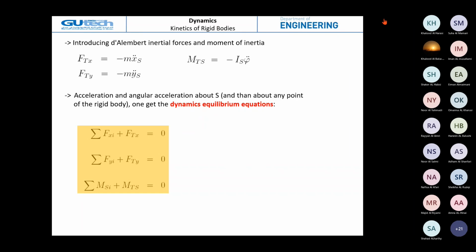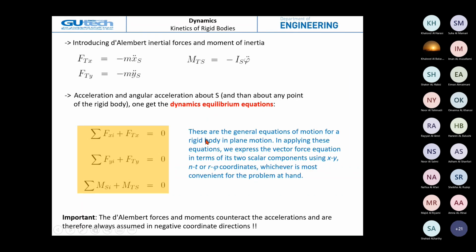In some example. These are the general equations of motion for a rigid body in plane motion, or 2D, two-dimensional. Then we have, in either case, an XY coordinate system, or N and T, normal and tangential, or a polar coordinate system.